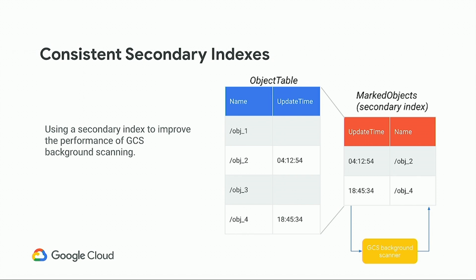So we use that update time as the key in a secondary index. That secondary index is much smaller than the object table, and the background scanner runs over it. It's much simpler to implement that background scanner because the secondary index is consistent with the object table itself.